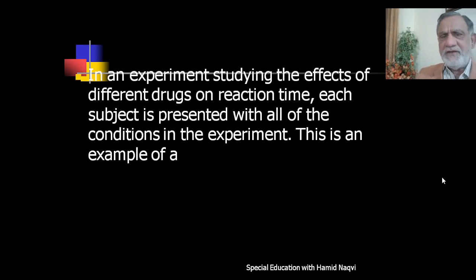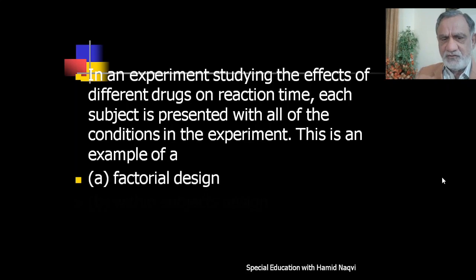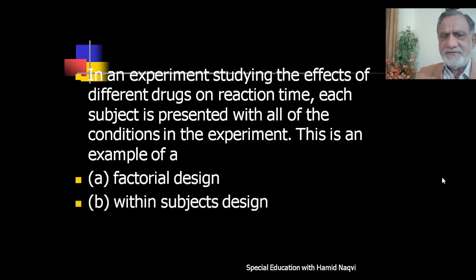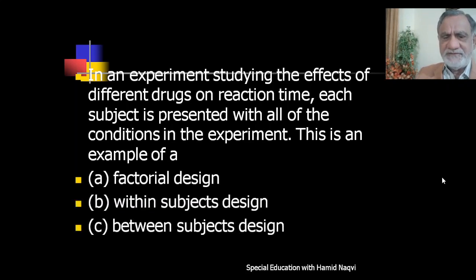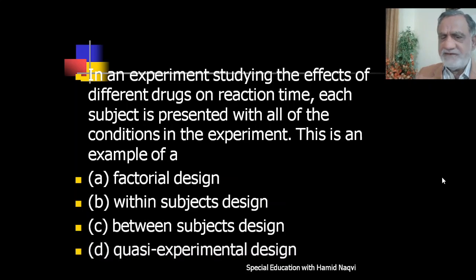In an experiment studying the effects of different drugs on reaction time, each subject is presented with all the conditions in the experiment. This is an example of factorial design, within subjects design, between subjects design, or quasi-experimental design.